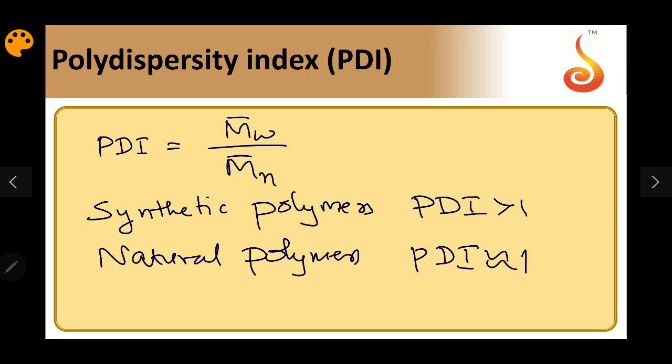It indicates the dispersion or distribution of the monomer units into different polymeric molecules. In synthetic polymers, we cannot control the number of monomers joining and forming a polymer molecule. But in natural processes, the number of monomer units present in each molecule of the polymer will be more or less the same. That's why whether I take number average or weight average, it is going to be the same molecular mass. That's why PDI is equal to 1 for natural polymers, and for synthetic polymers PDI is greater than 1.